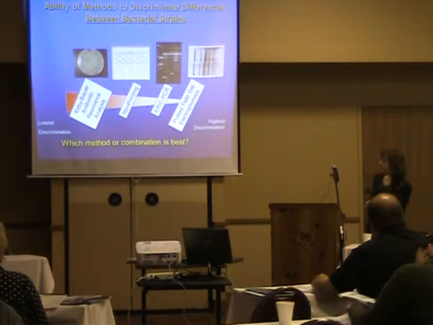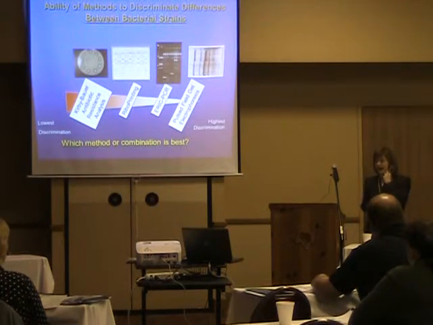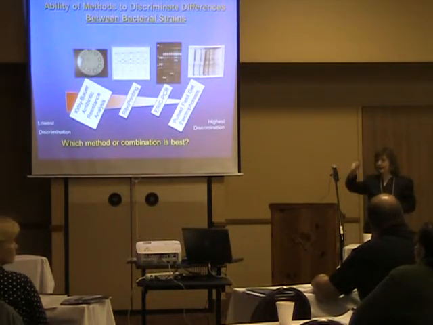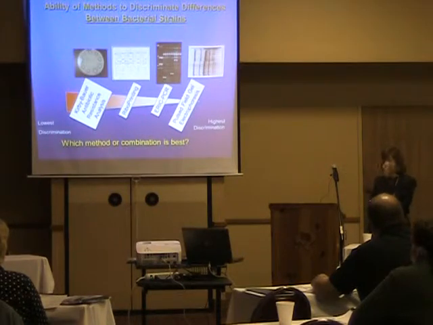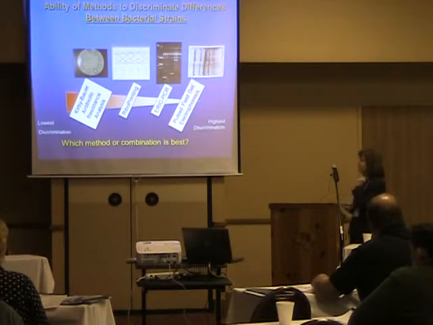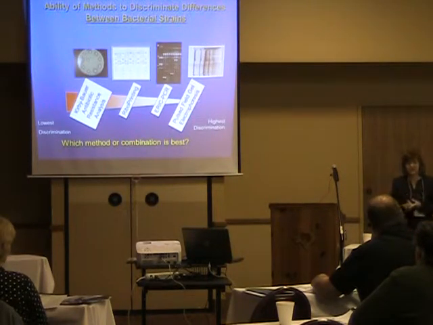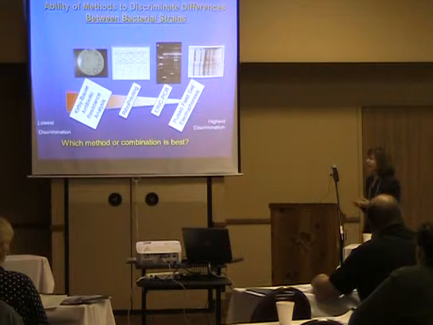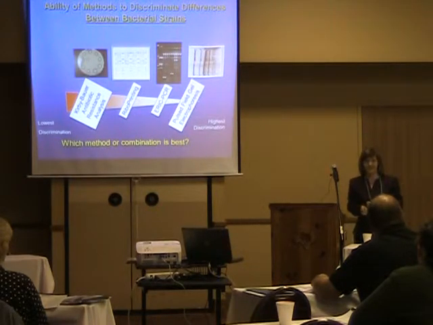They use the pulse field gel electrophoresis for the outbreaks. So you are zooming in very tightly on a specific E. coli isolate. We have less discrimination down here, and these two are in the middle. There's also cost considerations, of course, and effort considerations, which is also time is money.